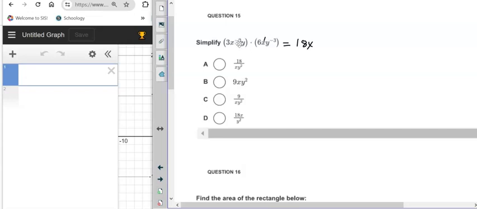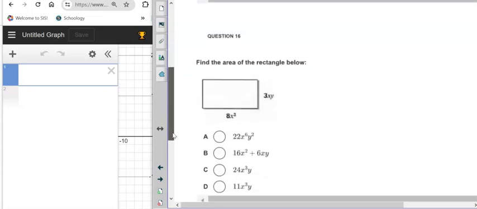There's an exponent of 1, so negative 2 plus 1, that's negative 1. And then you have y, 1 minus 3, that's negative 2. Okay? So now the 18 stays at the top. Sorry, my mouse is kind of weird. And then the x to the first power comes down, and then y to the second power also comes down. Okay? It's going to be A.